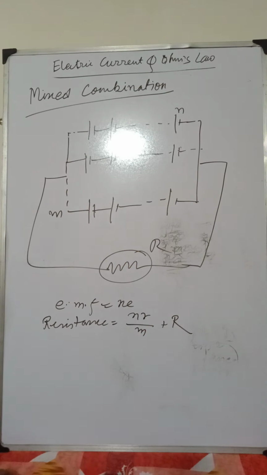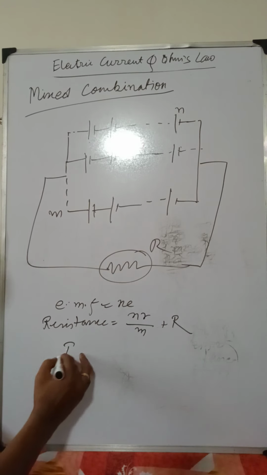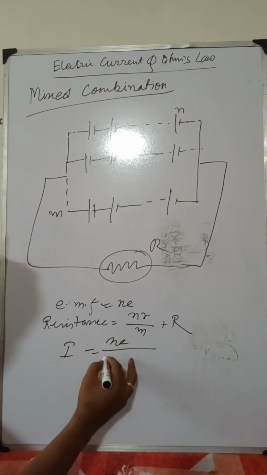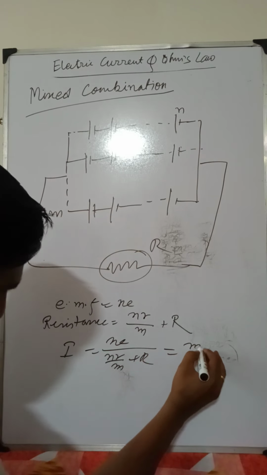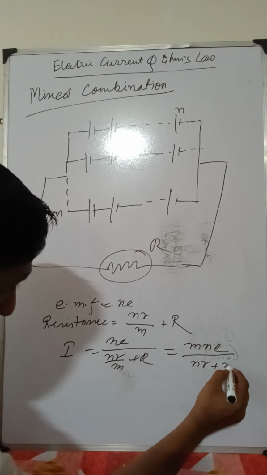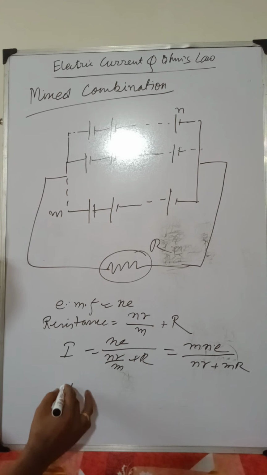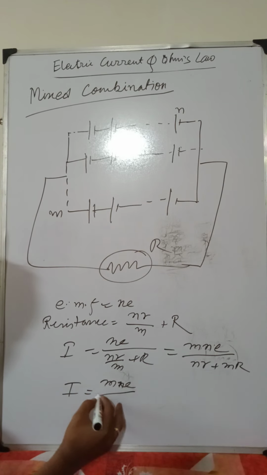So total resistance will be nr by m plus R. So current will be nE by nr by m plus R, so we get mnE by nr plus mR. That is the expression of current for the mixed combination.